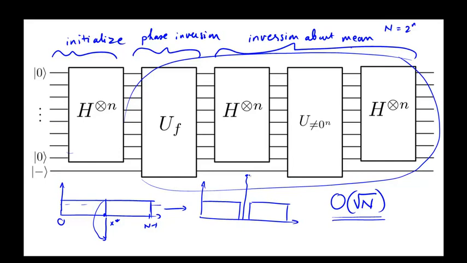But eventually, and this is a good exercise for you to work out, you should check that the amplitude of the needle, after it attains its maximum value, will start reducing, and the amplitudes of these other entries will keep going up until the needle then becomes extremely unlikely. So one of the important things in Grover's algorithm is that you've got to set this parameter. So for example, if there were more than one marked items, then Grover's algorithm will run faster, but you will actually have to reduce this number of iterations appropriately.